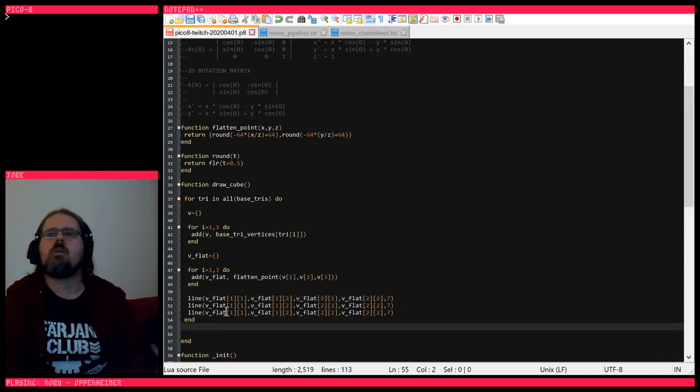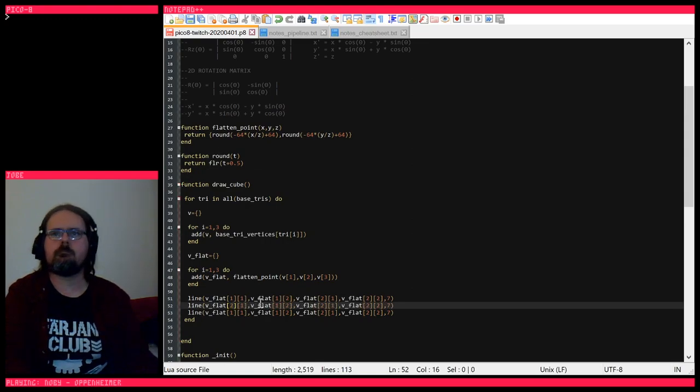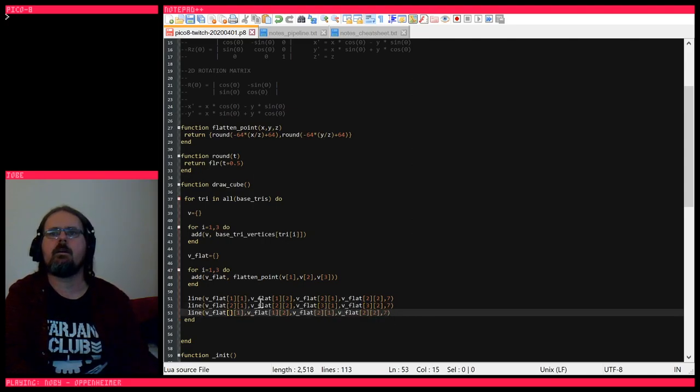And from point 1 to 2, from point 2 to point 3, and from point 3 again to point 1.